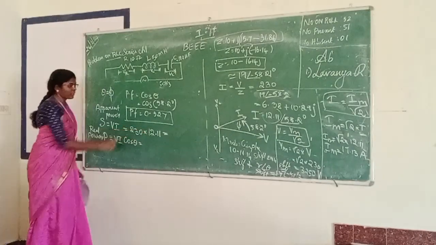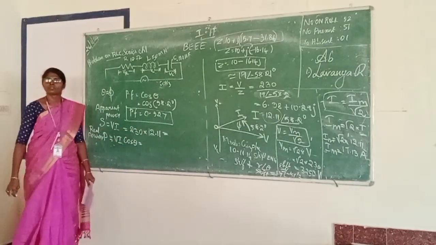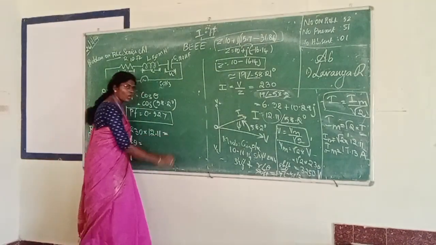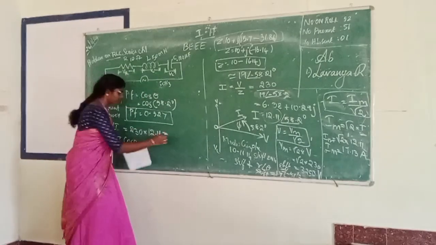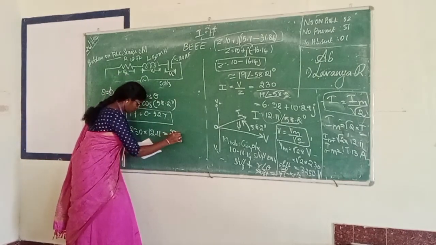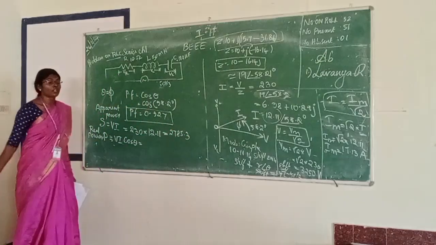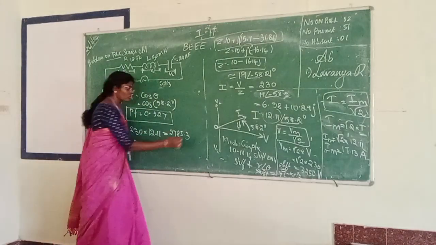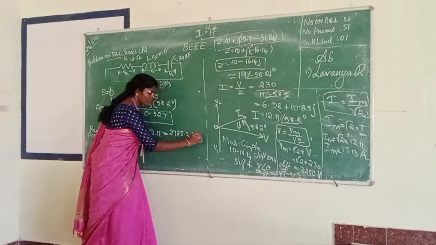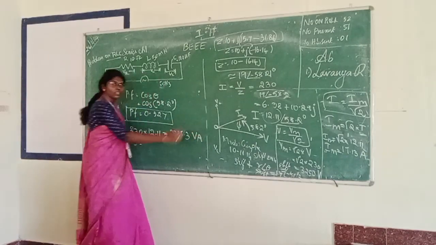Now tell me the answer for 230 into 12.1. It is 2785.3. What is the unit for apparent power? It is VA. Right?